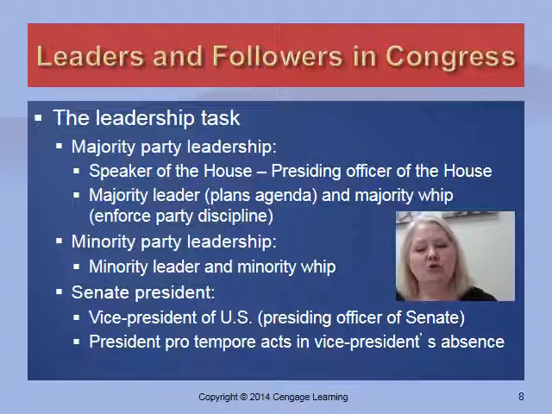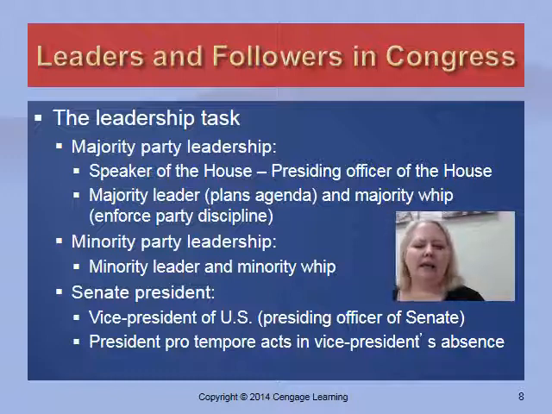And then the majority leader plans the agenda, and the majority whip enforces party discipline. Now that sounds horrible, right? I mean, they're not breaking arms or cracking knuckles or anything like that. The majority whip is rallying support. That's probably a better way to say it than enforcing party discipline. They're rallying party support or rallying support for issues.